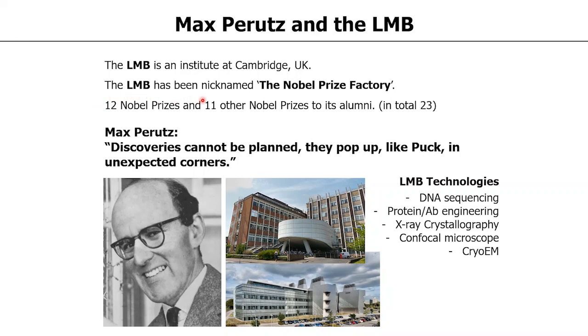The LMB has been nicknamed a Nobel Prize factory because 12 Nobel Prizes have been won there and 11 other Nobel Prizes were given to its alumni. And Max Perutz once said that discoveries cannot be planned. They pop up like Puck in unexpected corners, meaning that he's somehow trying to defy people who are advocating hypothesis-driven research.